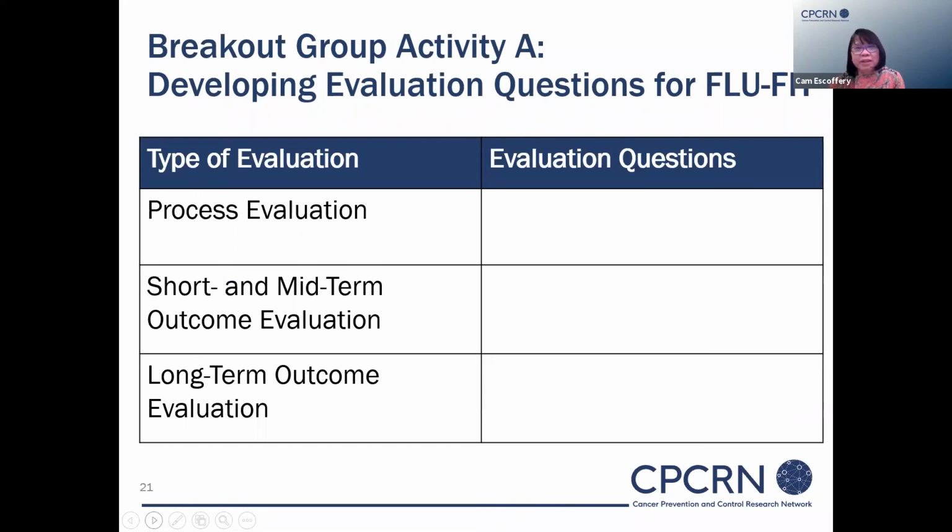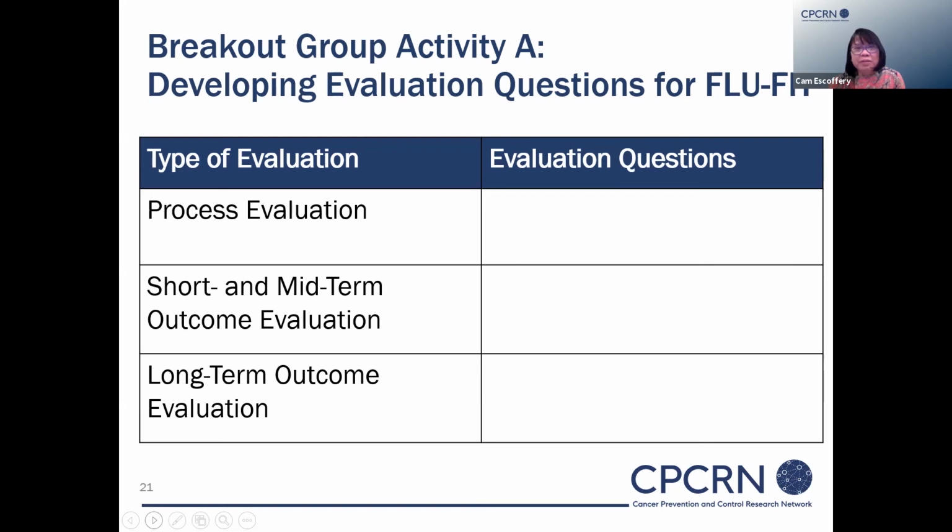So we're going to take a little bit of time to just consider process and outcome evaluation and different time periods for outcome evaluation. So we're going to give you a moment to get into breakout groups and discuss what might be some evaluation questions that are process related, short and midterm outcome related, and also longer term evaluation questions for the Flu-FIT program that you might have.